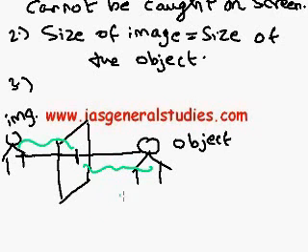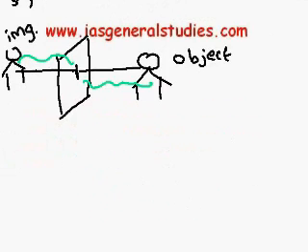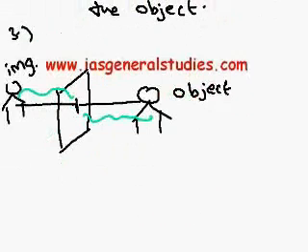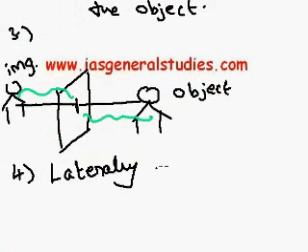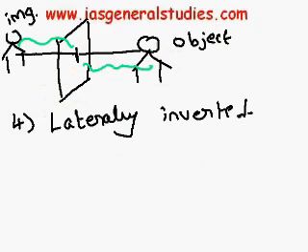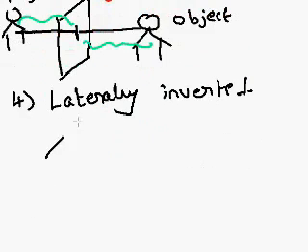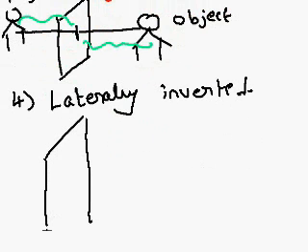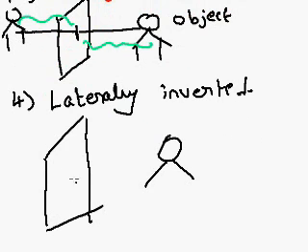Then the last important point is the image is laterally inverted. So the fourth point is laterally inverted. If you stand in front of the mirror, you are here and your image will be like this.